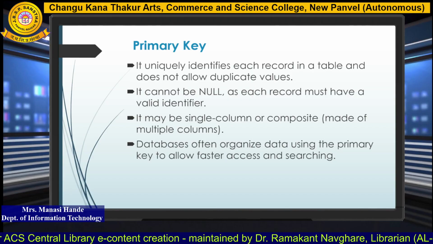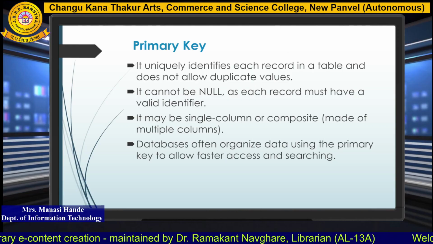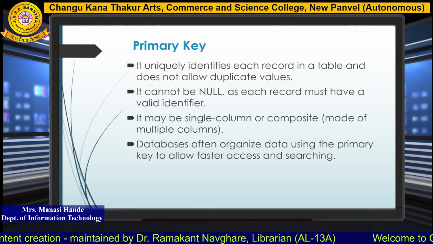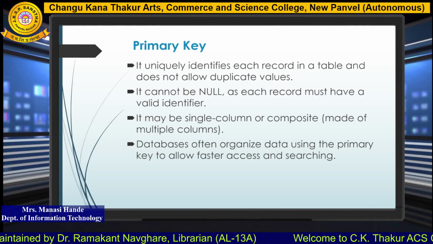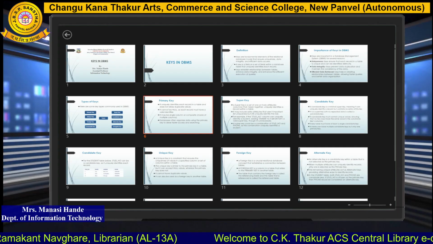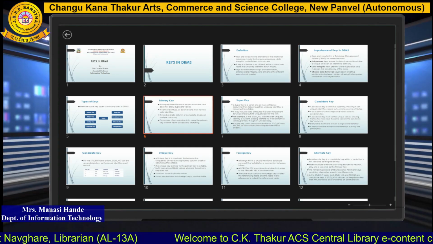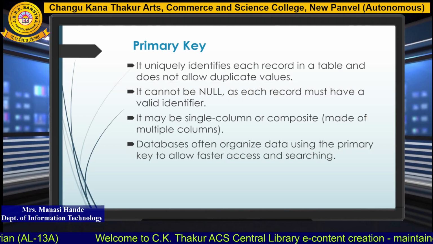A primary key can consist of a single column or multiple columns. For example, in a student table, the student ID or student number can act as a primary key because it uniquely identifies each student.